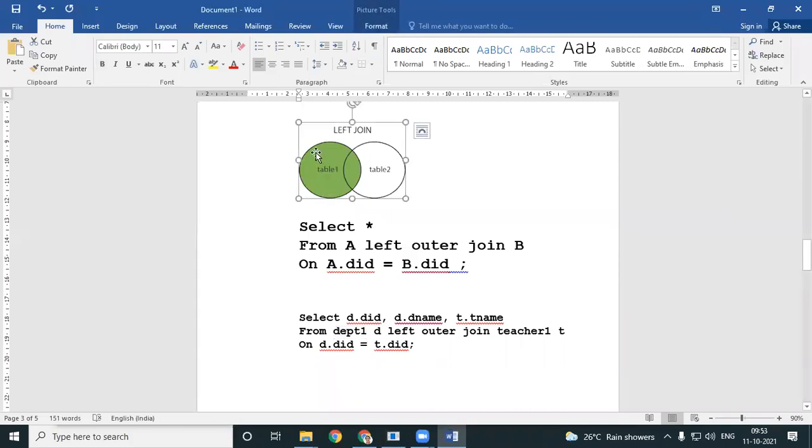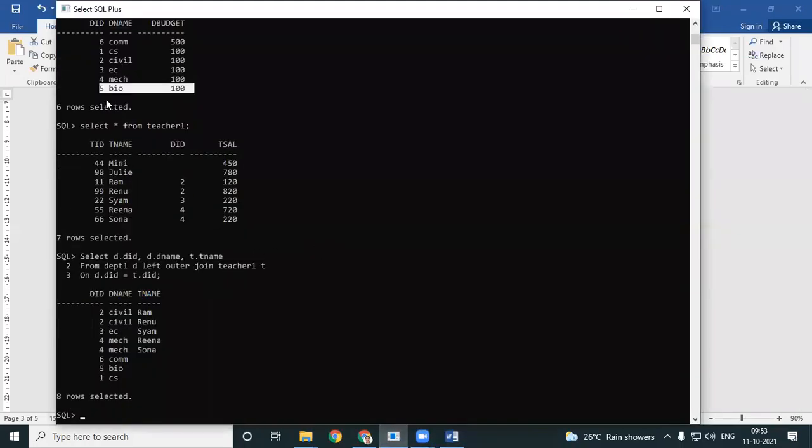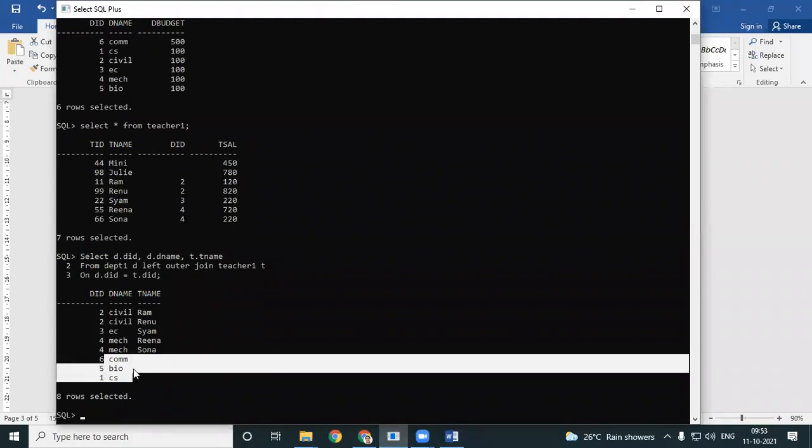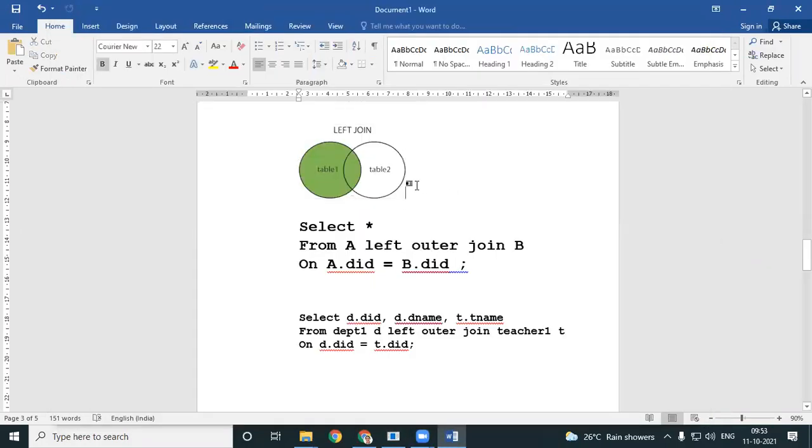Left outer join means the whole of my table 1 is taken, regardless of whether it has a corresponding entry or not. So my commerce, bio, CS is also taken, plus what? The corresponding entries from table 2 which match table 1.